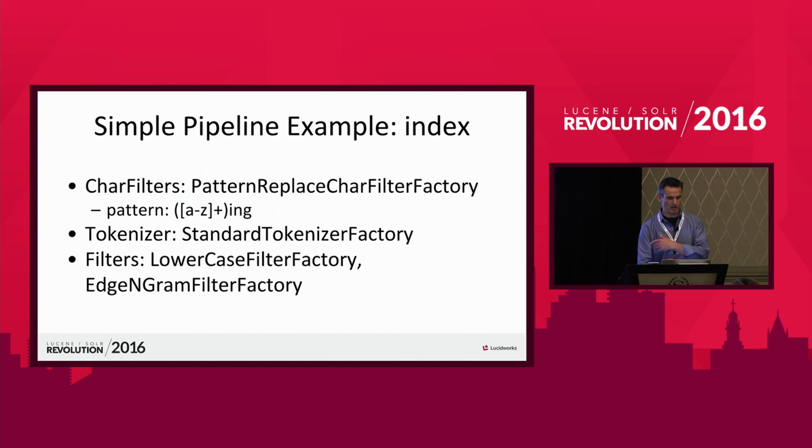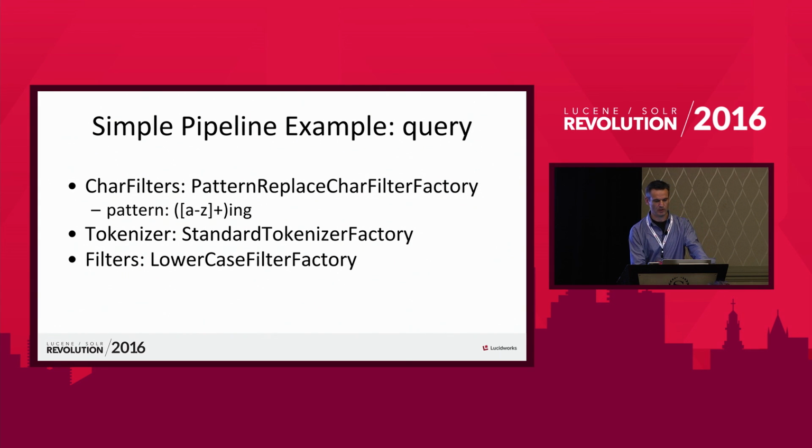I just put the edge Ngram filter there because it demonstrates how the Ngrams work in the Solr UI. And at query time, it's exactly the same thing, except you don't really need to use the Ngram, because for the autocomplete, as the user types, you already have those matching tokens.